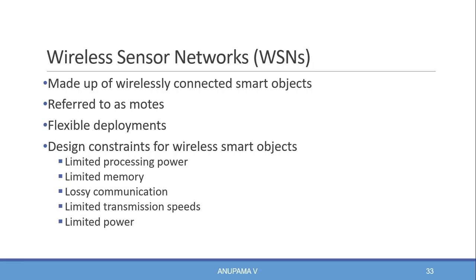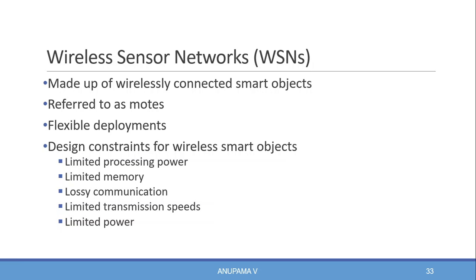We have a set of smart objects which are connected wirelessly. Wireless sensor networks are made up of wirelessly connected smart objects which are sometimes called nodes. The advantage of wireless sensor network is flexibility in deployment.